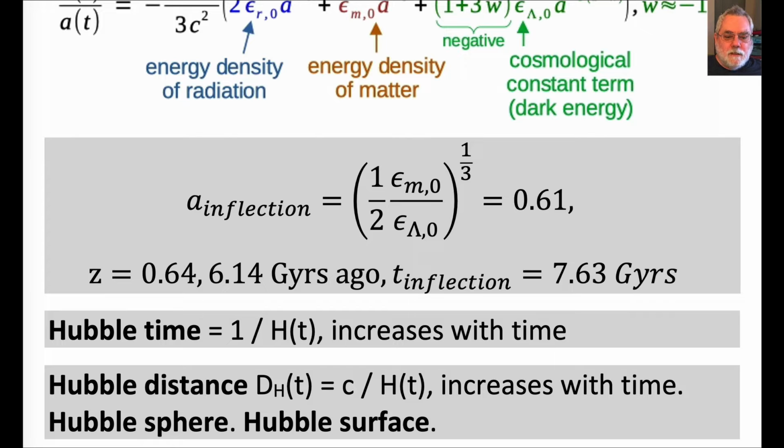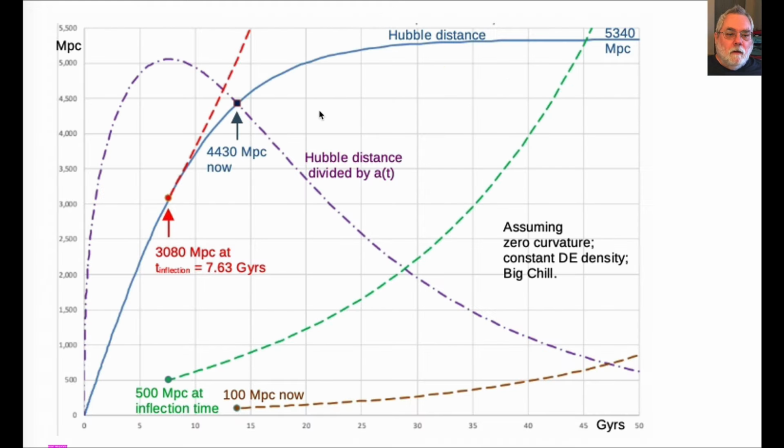The Hubble distance increases monotonically with time for the conditions we're assuming. The blue curve is the Hubble distance in megaparsecs versus time in billions of years from 0 to 50 billion years.